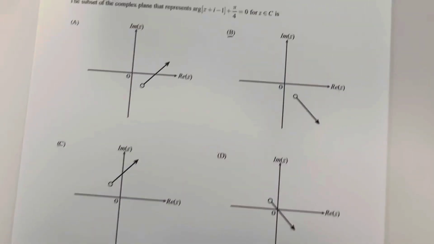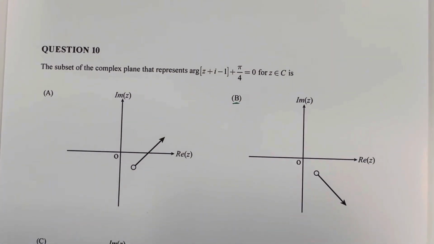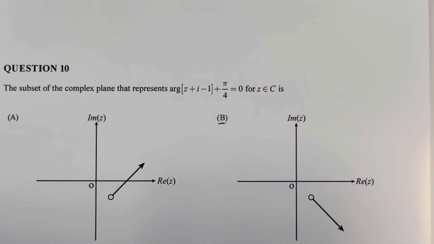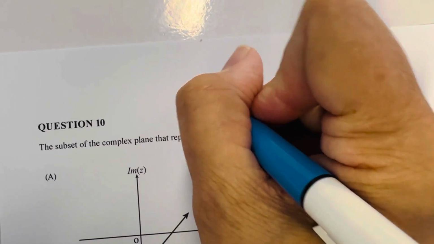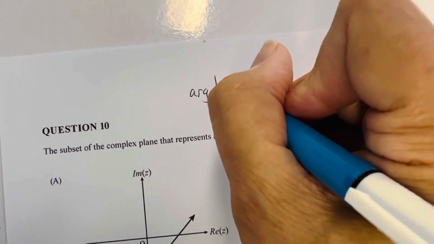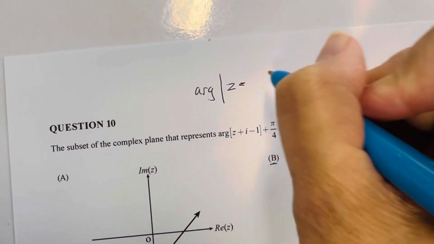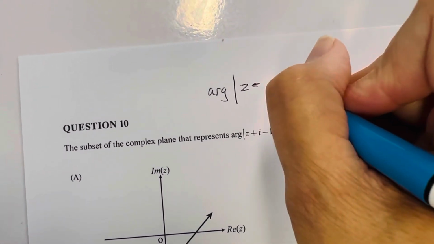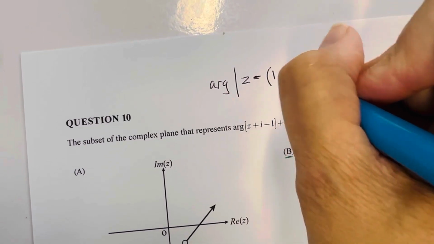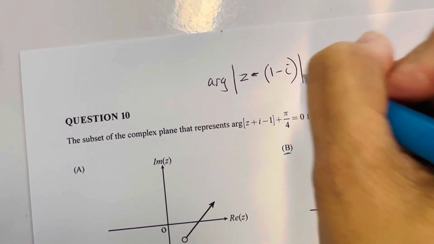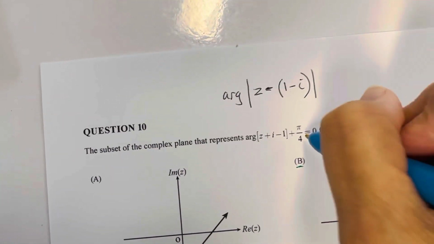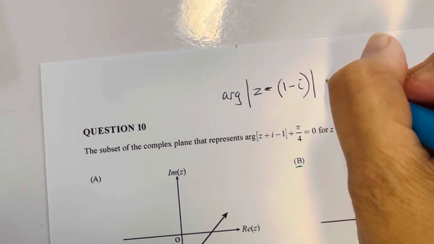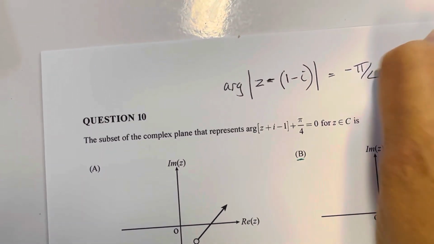All right, and then we've got question 10, which is a subset question on angles, which is fairly tricky. We're told about the arg. Arg is always our angle. Now I'm going to change this to get the correct format. So Z take 1 minus i, and I'm going to take my pi on 4 to the other side, negative pi on 4.